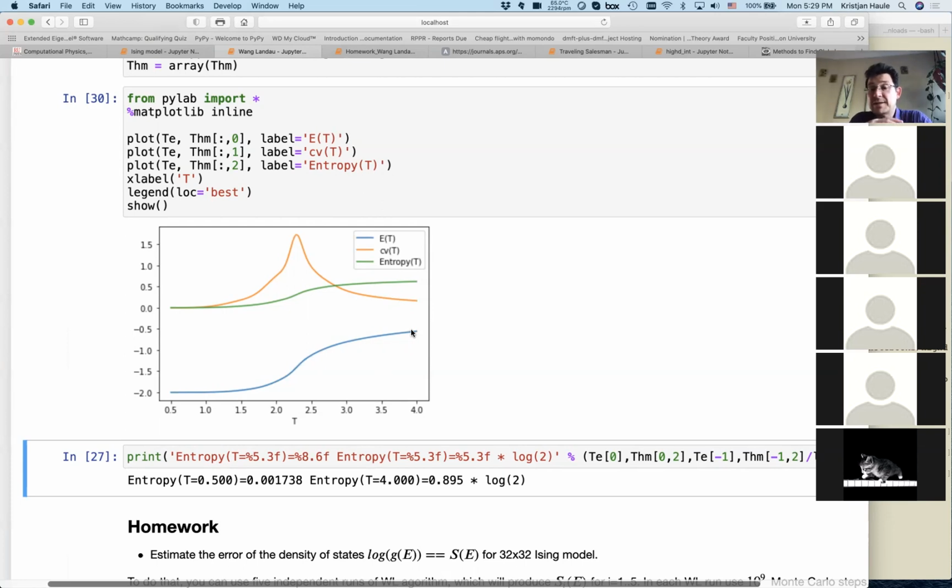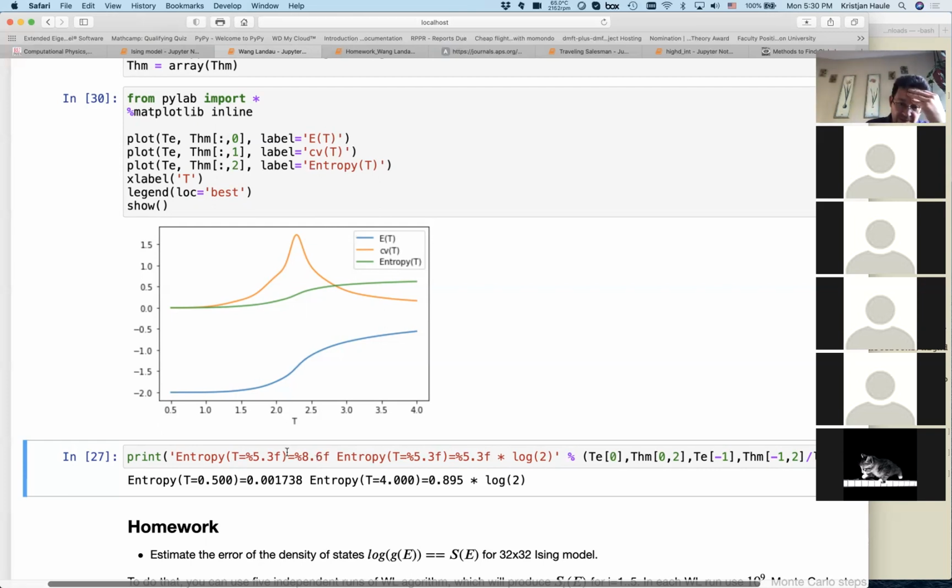So we expect at high temperature that entropy per site will go to log 2, the logarithm of the number of available states. While at low temperature, we expect entropy to go to 0, because of the second law of thermodynamics. In the ground state, we should not have any entropy. We should not have any degeneracy left.